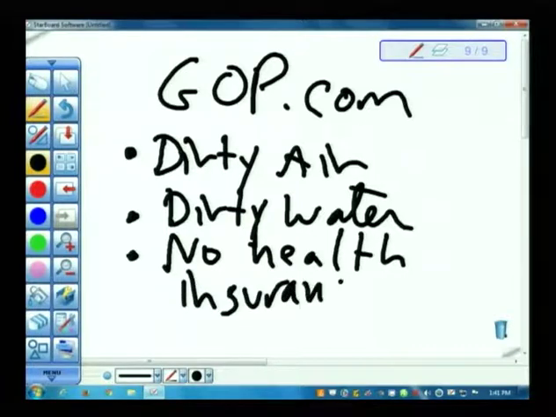Now, how much do you want to bet that if you went to GOP.com and looked at the Republicans' plan, that's what you would see? You're not going to see that. Maybe you're confusing them with another party. Is there some other political party campaigning for dirty air, dirty water, and less people with health insurance? Nobody believes this, right? This is a totally made up campaign platform.